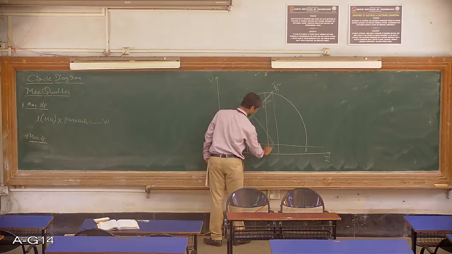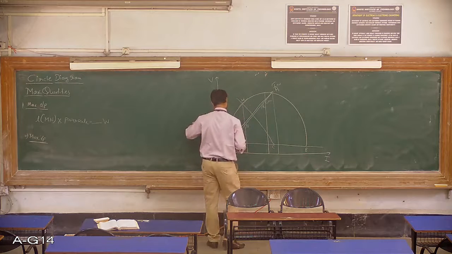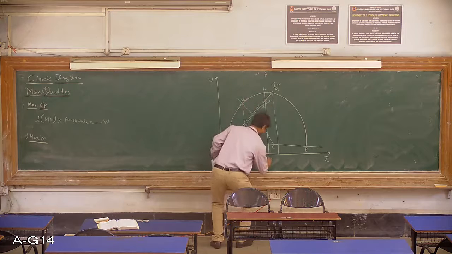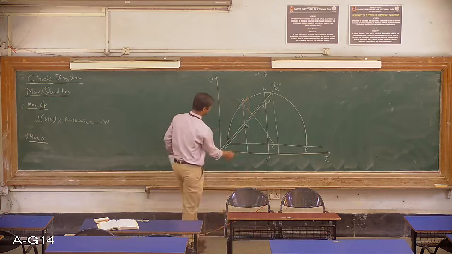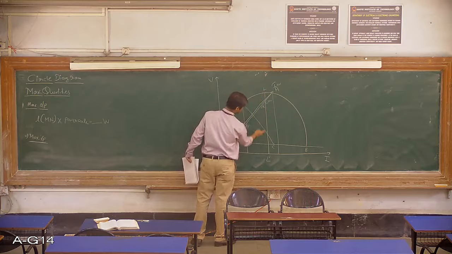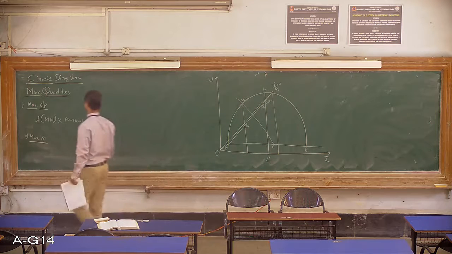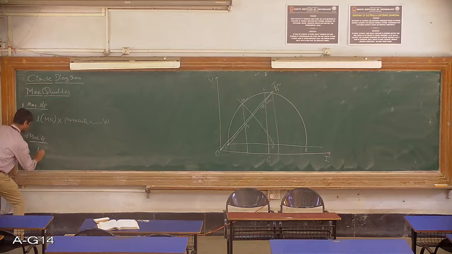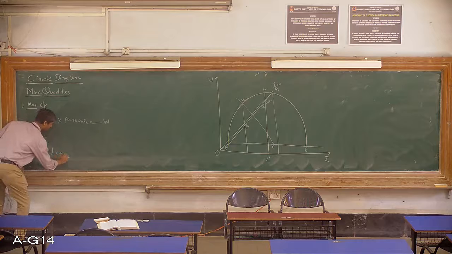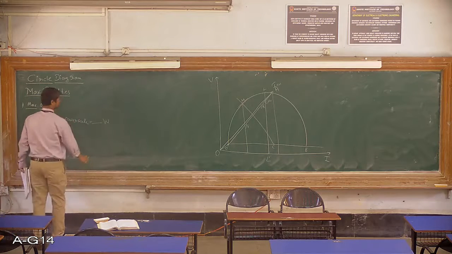I am naming these points L and L dash. The length LL dash gives us the maximum input. Length LL dash into power scale gives the total maximum input power in watts.